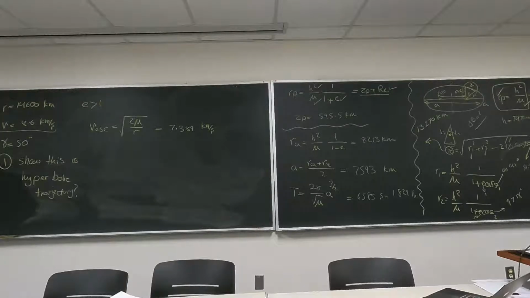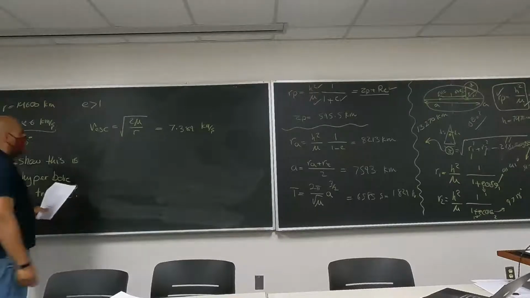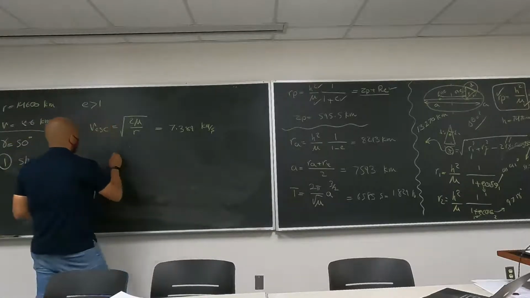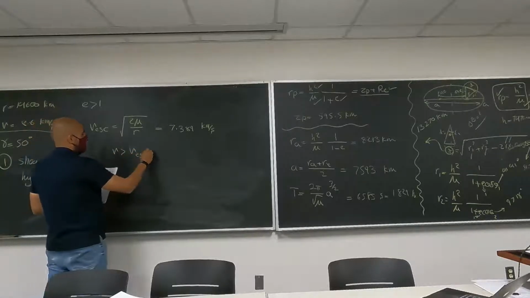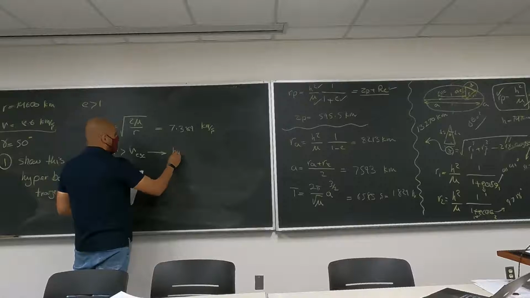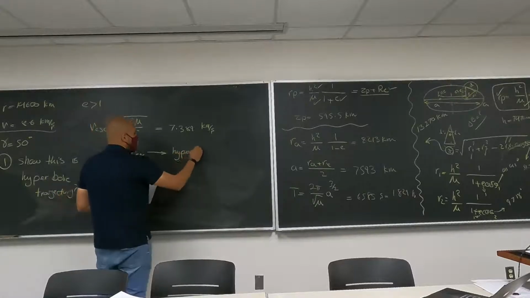So the escape velocity at this radius is lower than your velocity, which means that you will have some leftover energy to continue your space travel. Since your velocity is larger than the escape velocity, you have shown that this is a hyperbolic trajectory.